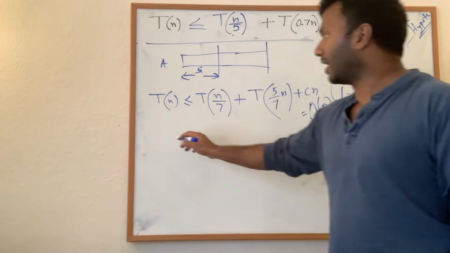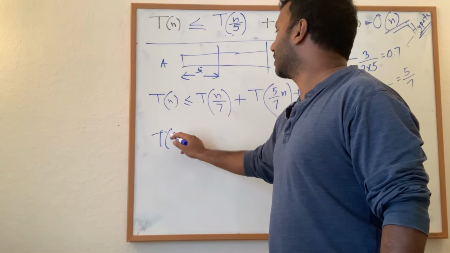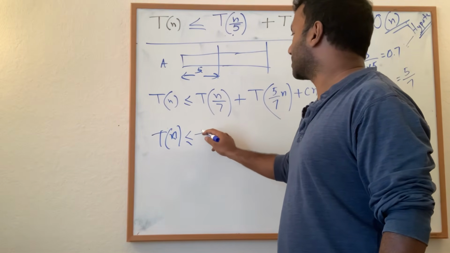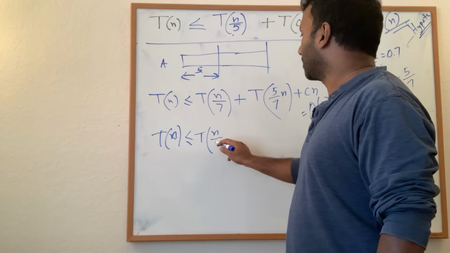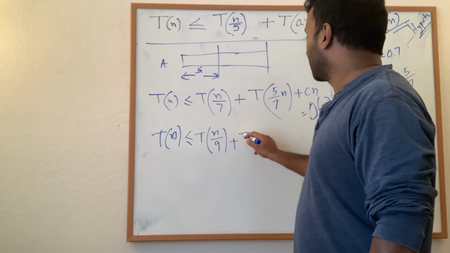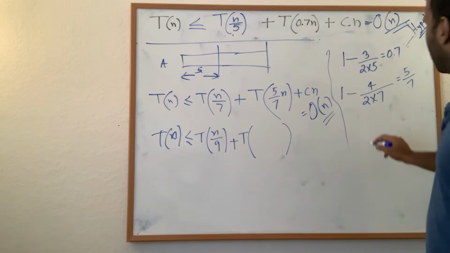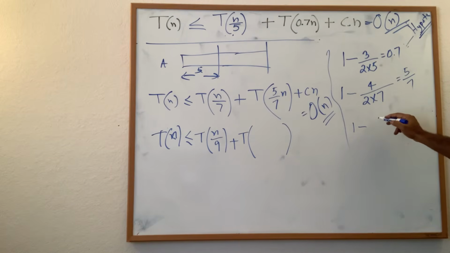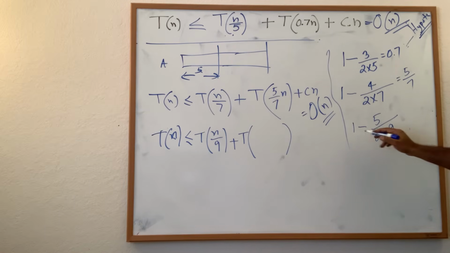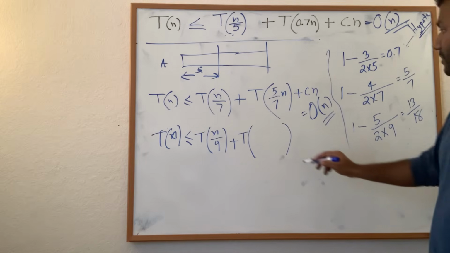And if you try with 9, that is T n divided by 9 plus T. With 9, the numerator will be 5, and you will have 2 times 9, so that is 18 minus 5, which is 13 divided by 18.